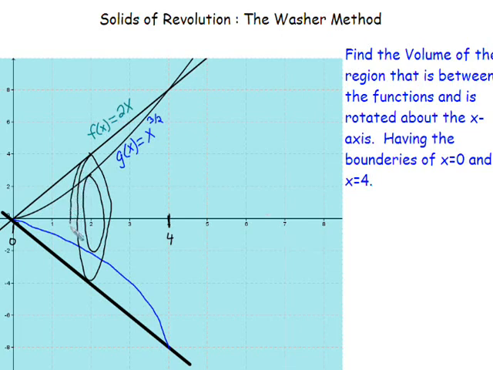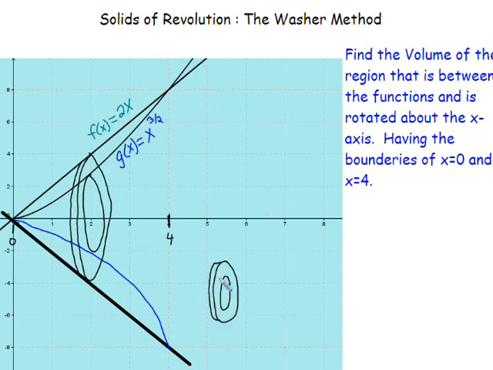So let me just show you the shape of the washer here. If I concentrate on that, the washer would look like this, and the thickness of the washer is defined by dx.